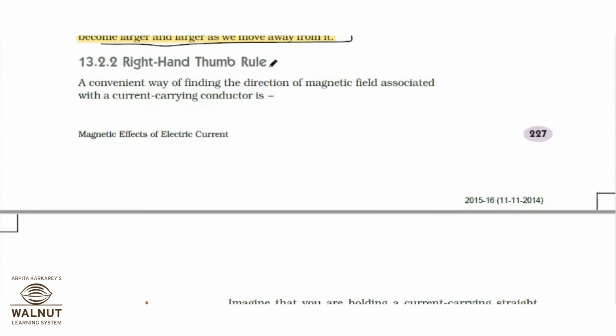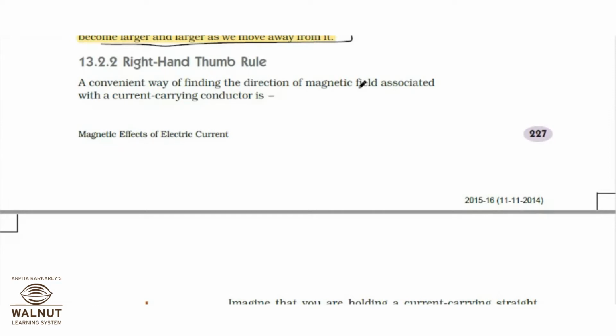Right hand thumb rule is basically a rule which helps us in finding the direction of magnetic field. In the first lecture, we have seen that magnetic field is a vector quantity. Vector quantity means what? Its magnitude is also associated and direction is also associated.